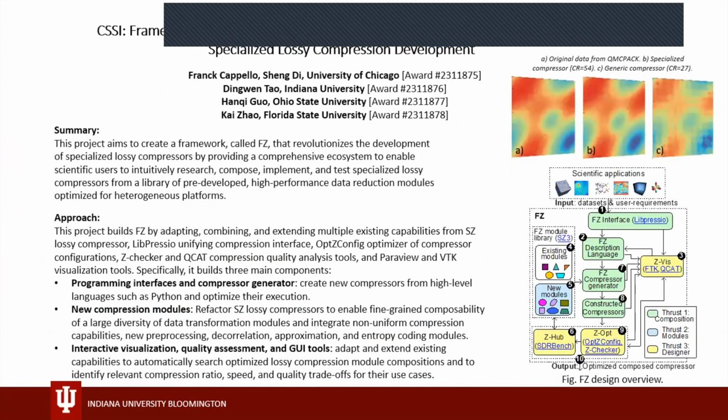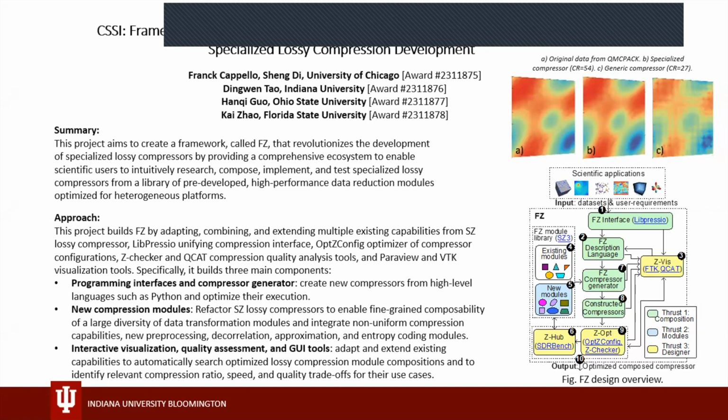So here is the project's overall goals, and I don't want to go into too much detail, but our vision is that in the future users can customize their compression algorithms using our techniques through a very easy programming interface, like PyTorch for generating neural networks, right?